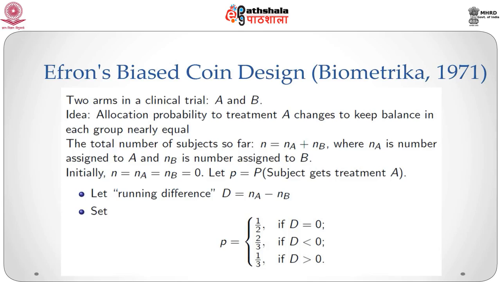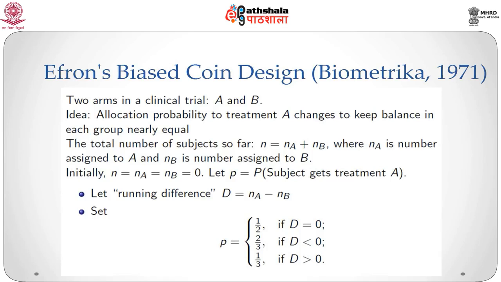The probability of allocation is then defined as P equal to half if D is equal to 0. So if at some stage we have NA equal to NB, subjects are allocated to either treatment with probability half. However, given that D is non-zero, we shall allocate subjects to treatment A with probability 2/3 if D is negative and 1/3 if D is positive.